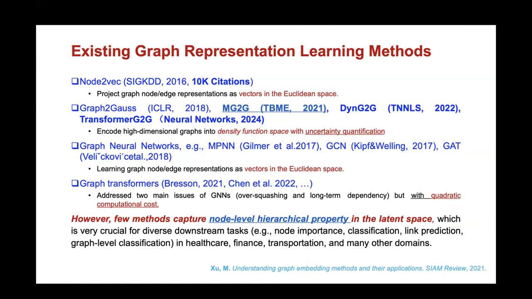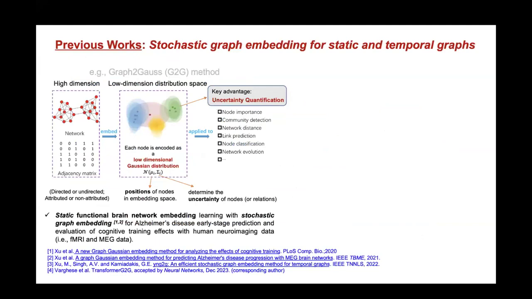However, there are very limited methods that can capture the node-level hierarchical property in the latent space. But this is very important for different downstream tasks, especially in healthcare, finance, transportation, and many other domains. So this is a short summary of my previous work on stochastic graph embedding for static graphs and temporal graphs.